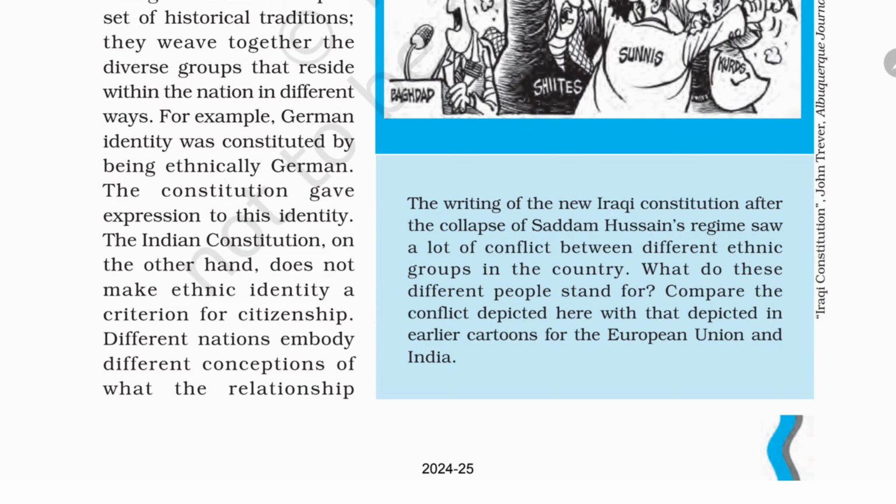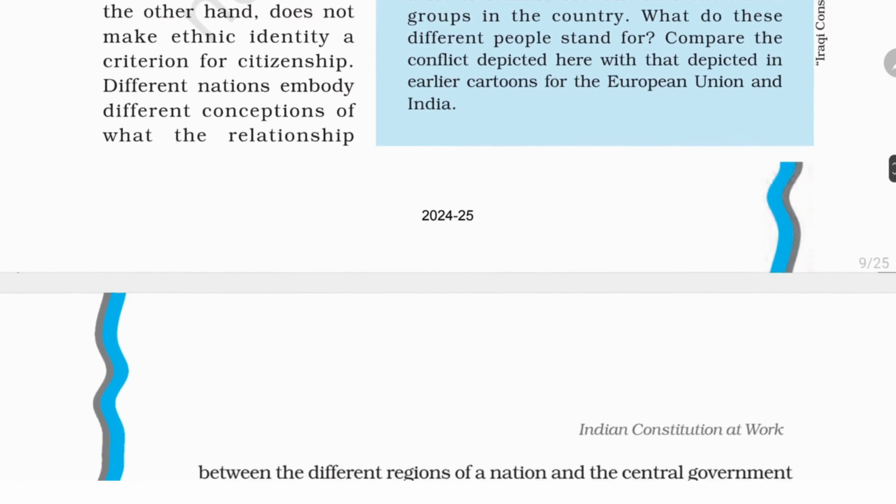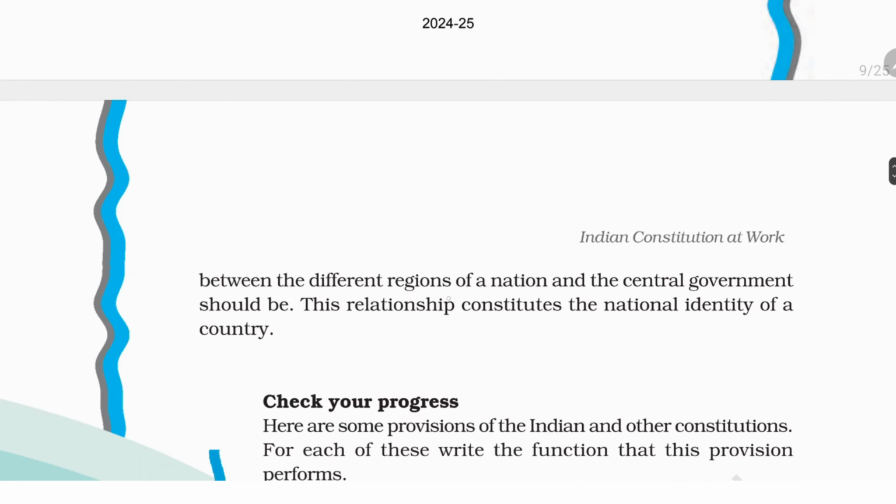The constitution gave expression to this identity. The Indian constitution, on the other hand, does not make ethnic identity a criterion for citizenship. Different nations embody different conceptions of what the relationship between the different regions of a nation and the central government should be. The relationship constitutes the national identity of a country.